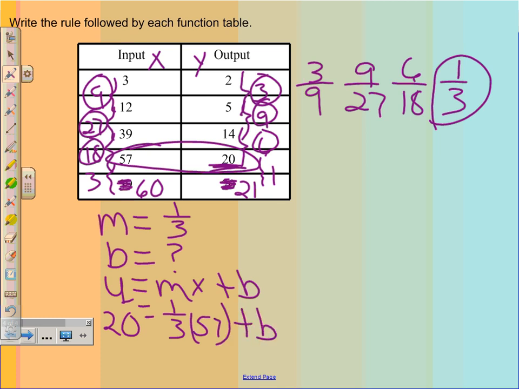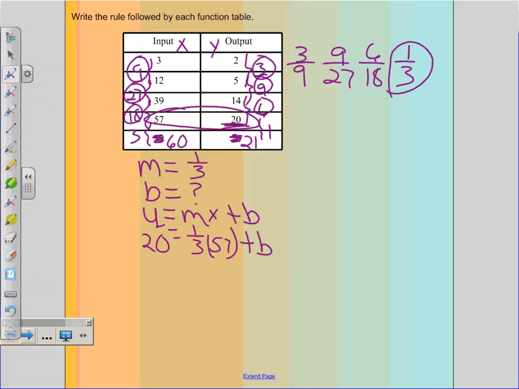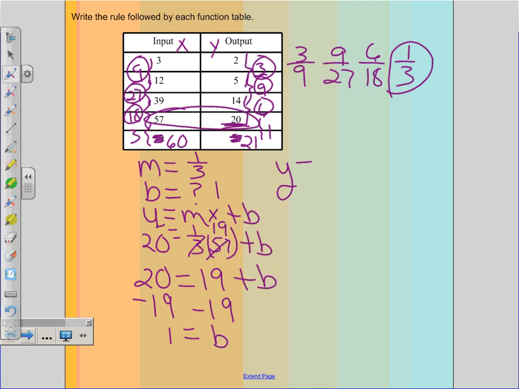And then I'm substituting, I want to cancel the 3 and 57, that's going to be 19. So 20 is equal to 19 plus b. To get b, looks like we just need to add 1. So my b value is 1. That means that my equation is y is equal to 1/3 x plus 1.